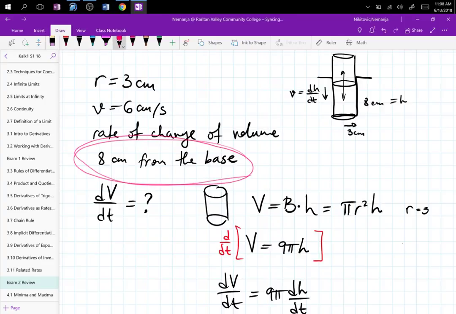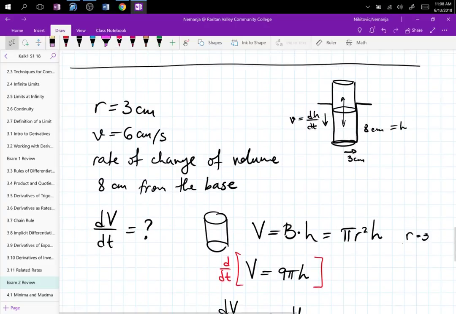Is it the radius? No, it's a cylinder. For the sake of the problem, I could expand, right? Nah, they didn't put any of that stuff. We don't have the rest of the information for expansion. The radius is constant, they said, at 3 centimeters.